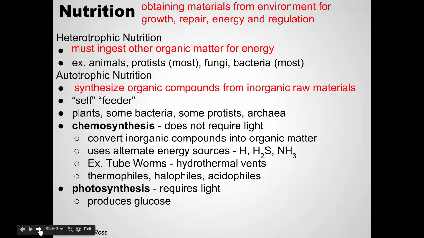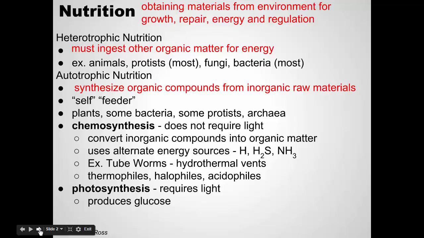We're going to spend our time talking about photosynthesis, but there are some organisms that can undergo a process called chemosynthesis, in which it doesn't require any light energy. They use other materials to convert inorganic materials to organic matter. Sometimes they use hydrogen sulfide, ammonium.